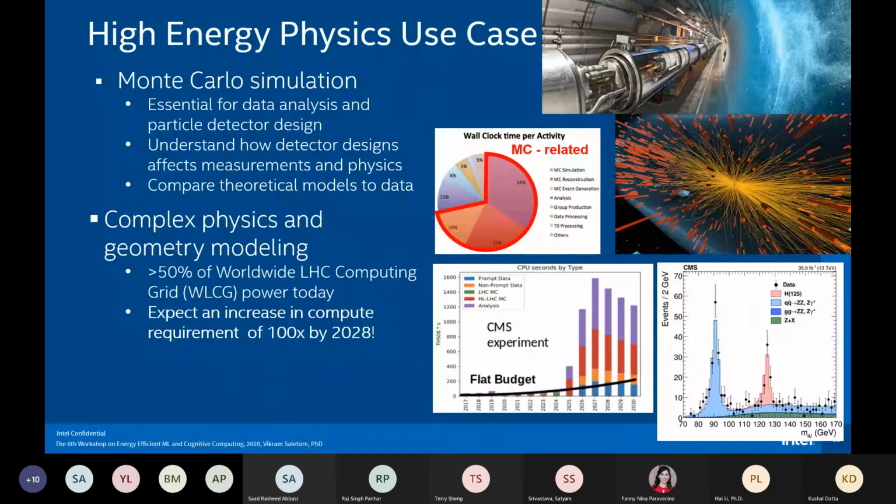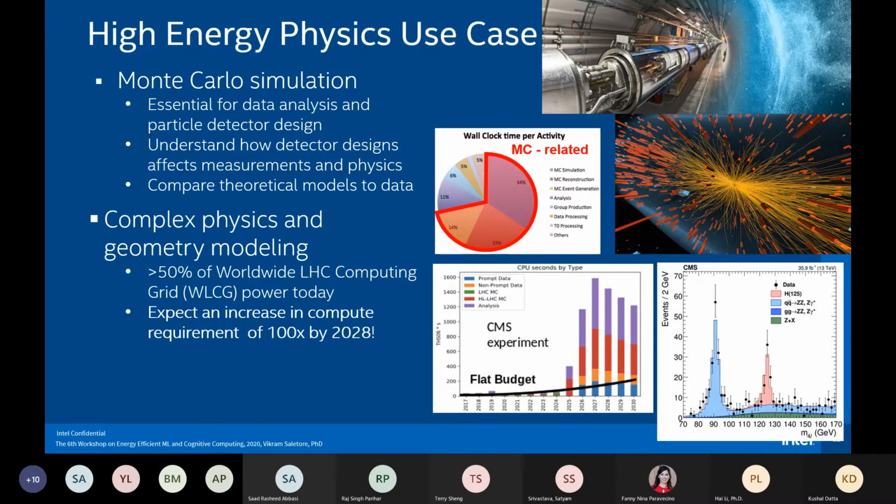But very similarly, CERN Open Lab is also in CERN in Geneva, and they use Monte Carlo simulations today, primarily. As you can see, the Monte Carlo related simulation takes a huge chunk of compute today at CERN, almost 40%.